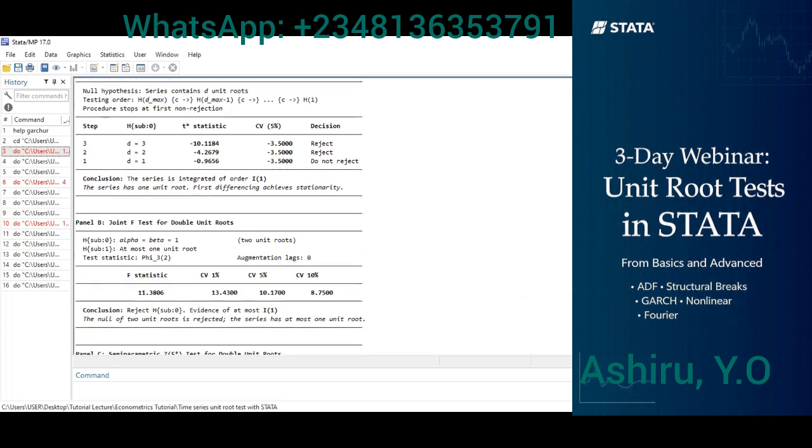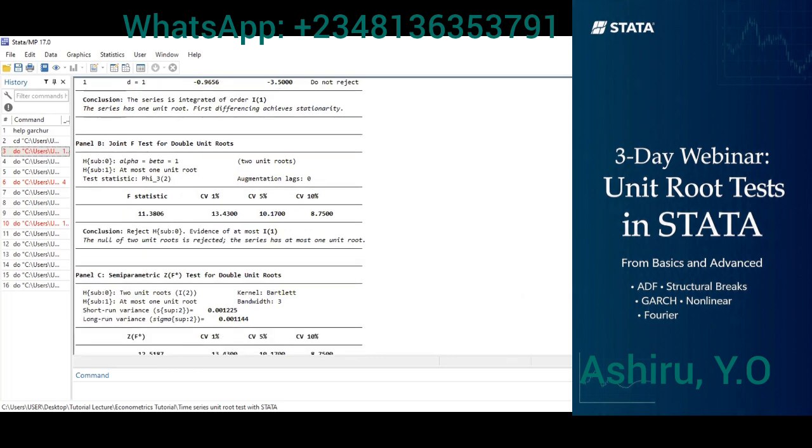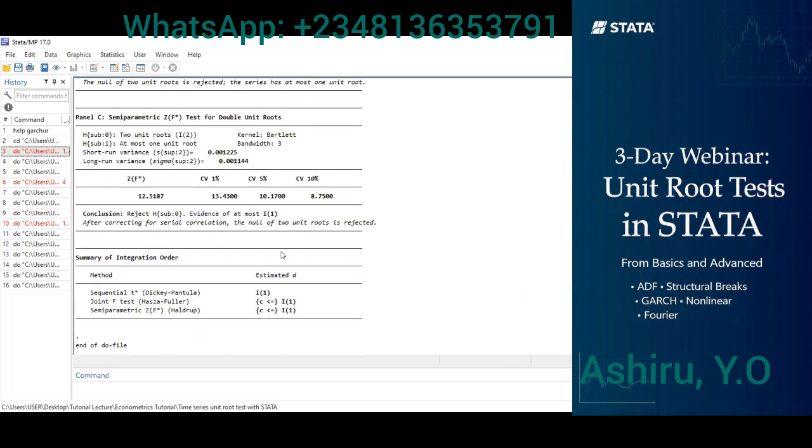Let's also check the second test here. This one also supports the fact that the series is I1. So all the tests support the fact that the series is I1. I think this is in line with what we got earlier.